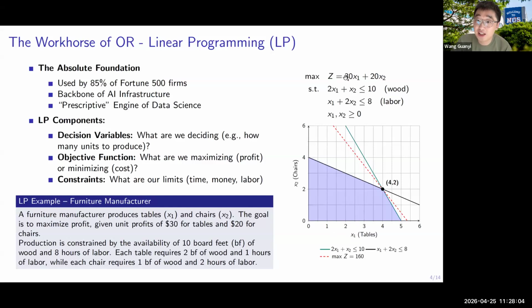And if we take the 2, 5 point into the objective, which is 30 times 2 plus 20 times 5, which is 60 plus 100, the value is 160, which is exactly the same as if you take the point 4, 2 into the objective, which is 30 times 4, 120, plus 20 times 2, 40.